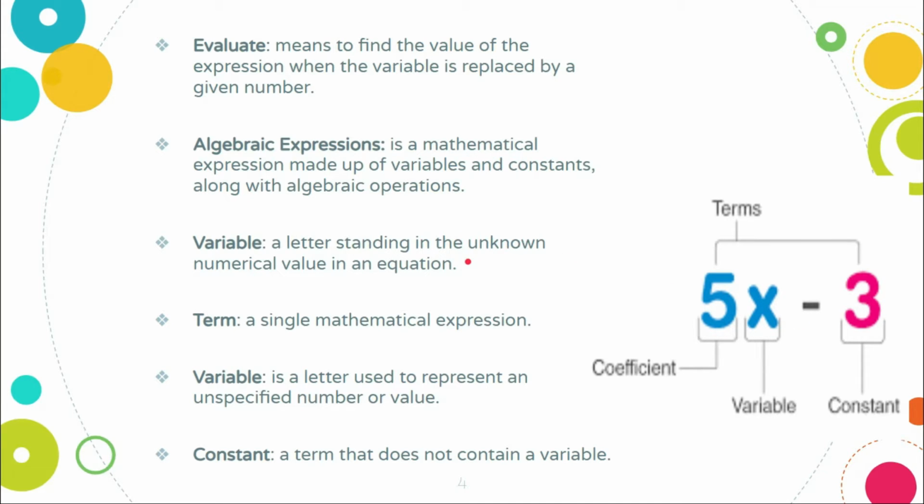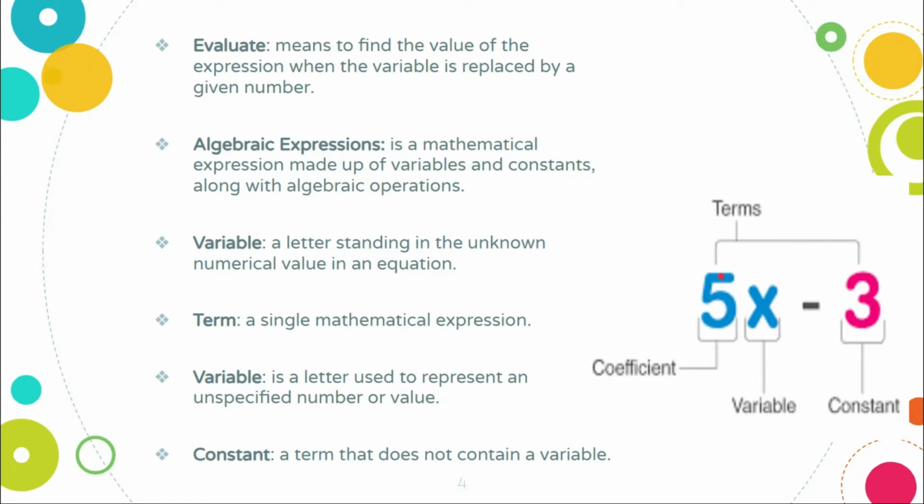Next, we have the word variable, which is a letter standing in for the unknown numerical value of an equation. So once again, going back to the example, this x here is the variable. It represents an unknown value. A term is a single mathematical expression.